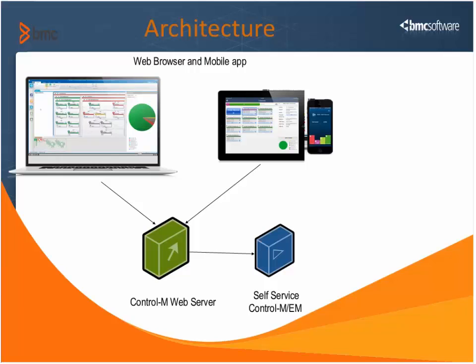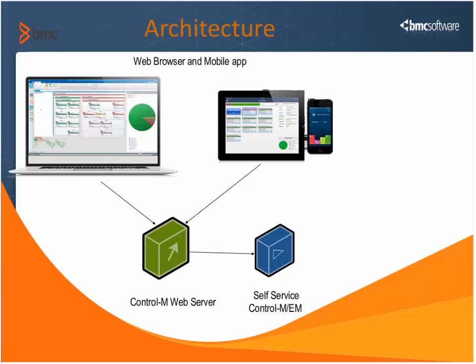Now let's see self-service's place in the Control-M architecture. Self-service has two parts: a web component and a server process that runs on the Control-M Enterprise Manager server. The web component is deployed on the Control-M web server that is delivered with the Control-M Enterprise Manager.